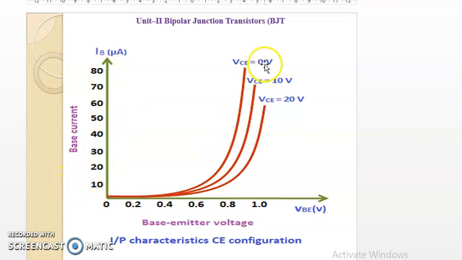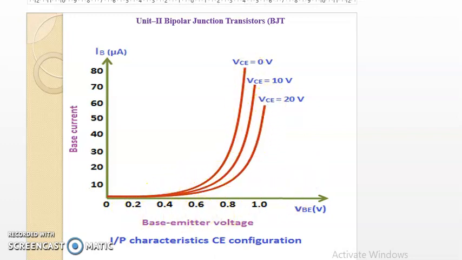Again, one has to take another constant value of VCE, the collector voltage, that is the output voltage, 10 volt, 20 volt, depending upon your device. By varying the output voltage at 0 volt, 10 volt, 20 volt, 15 volt and so on, one has to vary VBE and note the corresponding values of IB. Accordingly, if we draw the graph, we obtain a graphical representation like this.